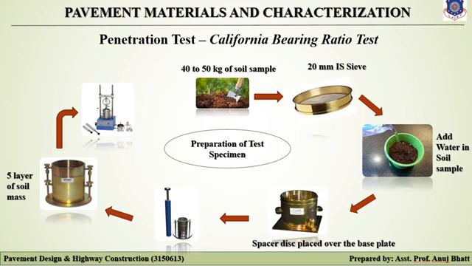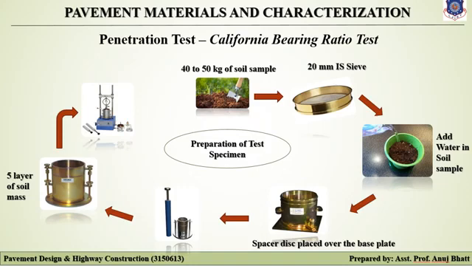Now to prepare undisturbed test specimen, the steel cutting edge of 150 mm internal diameter is fitted on the CBR mold, and this is pushed into the ground subgrade, gently causing least possible disturbance to the specimen inside the mold.